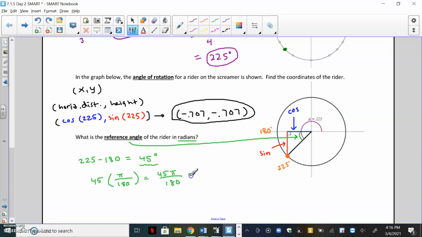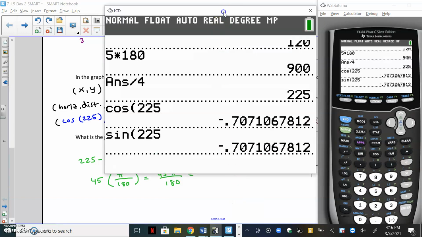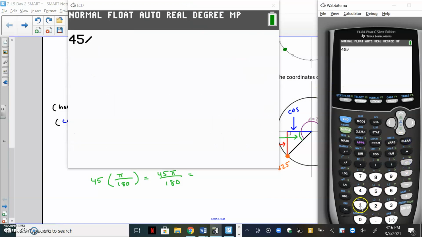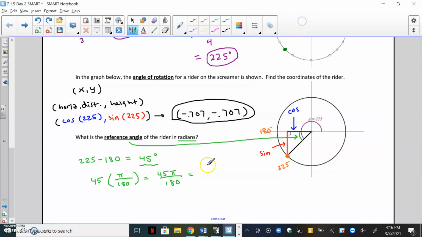And so, of course, in my calculator, I just need to type 45 over 180. And this gives me 0.25. I'll go to math frac, and that's 1/4. So I end up with 1 pi over 4. You can also just write this as pi over 4. If it's just a 1, you don't really need it. If you keep it though, it's fine. All right, and that is the reference angle.